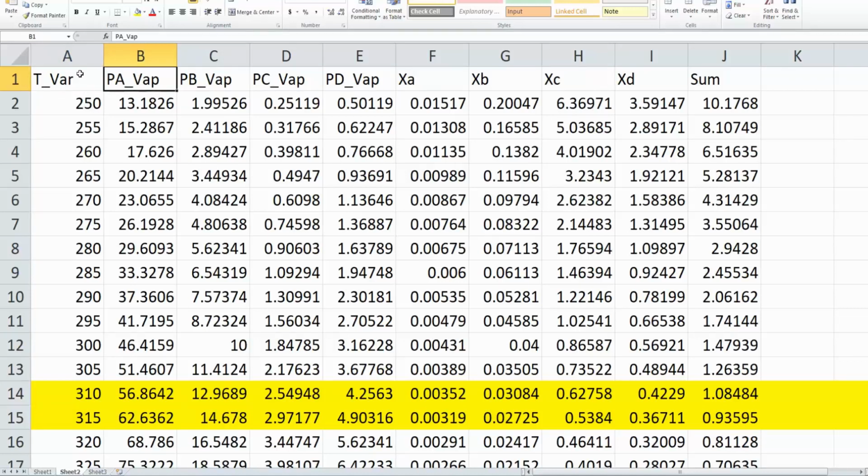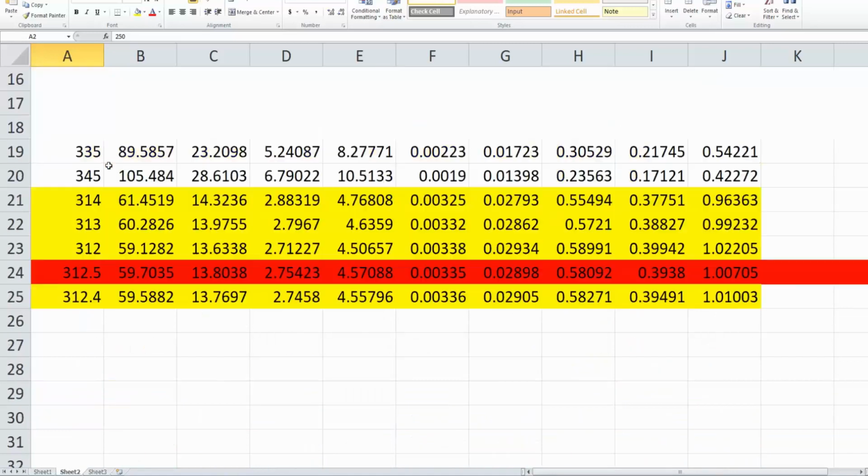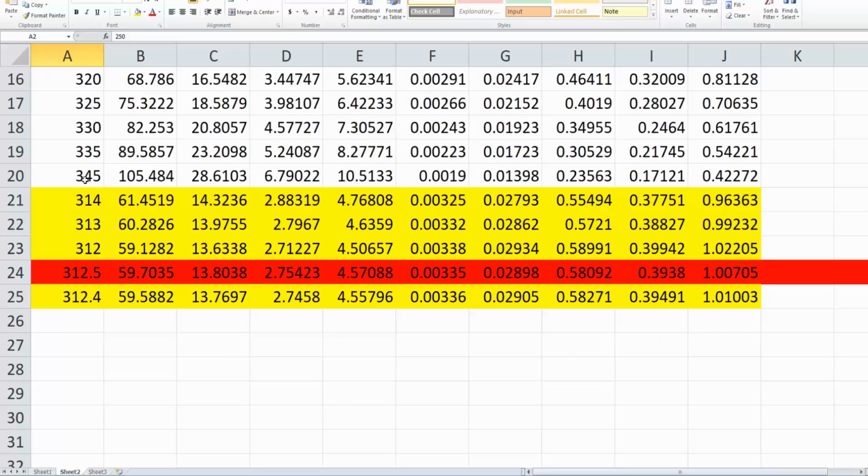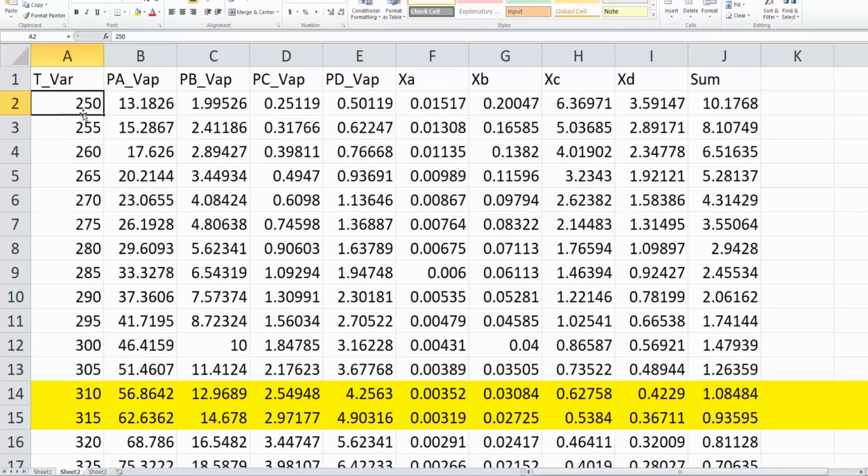So the factor that we're changing is temperature, and the way that I'm going to solve this problem is by guessing intervals. I'm going to start off at 250 and go all the way to 345, and I went by 5s: 250, 255, 260, and so on. Next, how did I get PA vap? I used Antoine's equation, so I just put a 10 in the 10 raised to the piece.